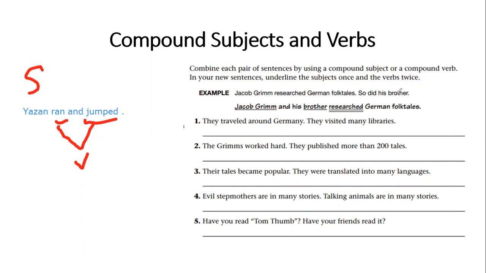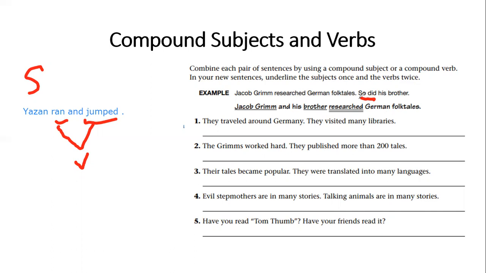When I say so did his brother, the sentence is supposed to be his brother researched German folktales. So did, it means he did the same. So do you think that I have to repeat it? Of course, no.